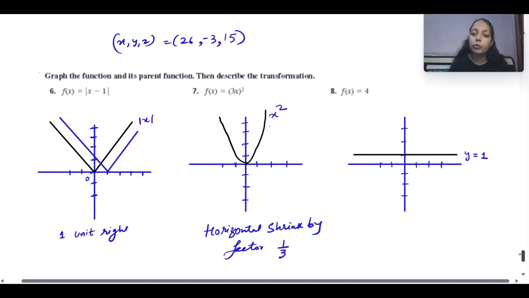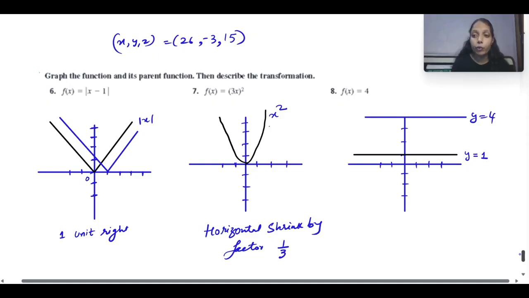Next, f of x equals 4. So it was 1, and 1 is multiplied by 4 to get 4. The graph will be somewhere here. Y equals 4. So multiply by 4. And the multiplication is outside the function. Whenever multiplication is outside the function, or you can say the complete function is multiplied by a number, it is a vertical stretch or shrink.